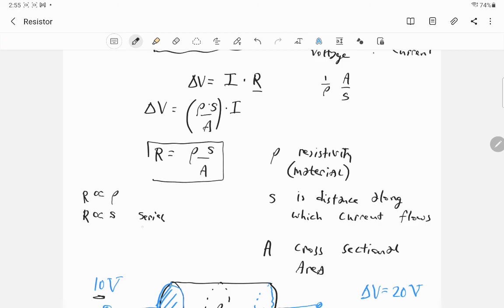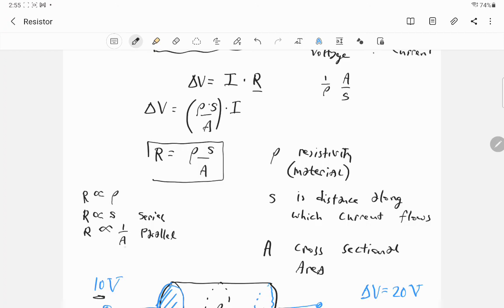S speaks to how many resistor wafers, or really short resistor discs, we have in series. That's why it's proportional to S. And R is proportional to the area A, actually A to the minus 1, so it's 1 over A. If you remember how resistors add in your laboratory when you put them in parallel, they add in an inverse sense.